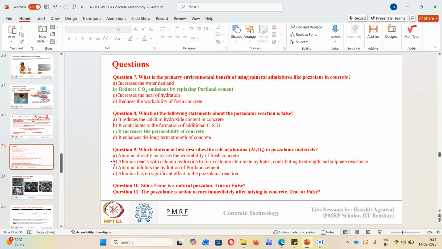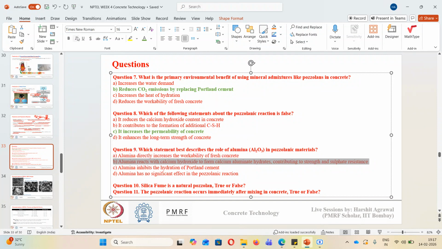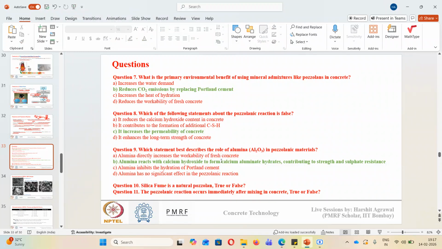The correct answer will be B. So what happens in pozzolanic reaction? Amorphous alumina also reacts with calcium hydroxide to form calcium aluminate hydrate, which can also contribute to strength and sulfate resistance properties. Everything is related to enhancing the strength and durability of concrete when we talk about addition of SCMs to concrete.